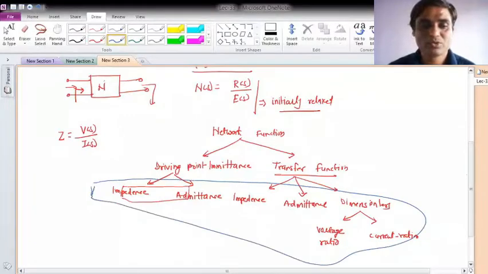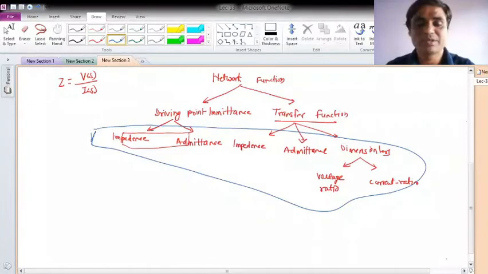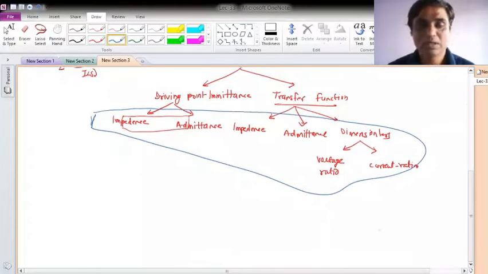Let us see an example to illustrate each network function. Suppose I have the network like this.